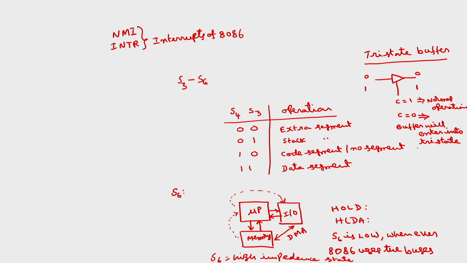Tri-state is also called the high impedance state, also called Z.